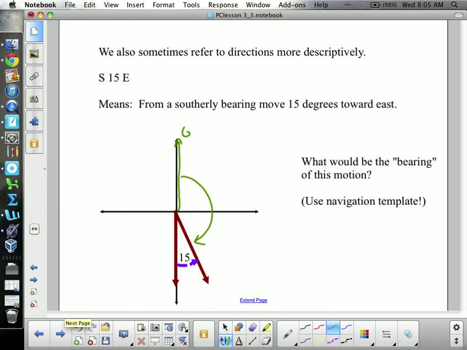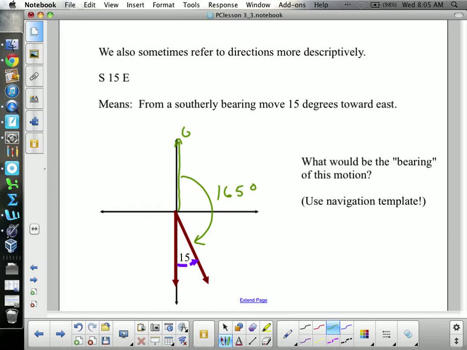If it's 15 degrees right here, that'd be 165. So the compass bearing for that, south 15 degrees east, is 165 degrees. So if it's a bearing 165 or south 15 east, either way we're getting the same motion, the same direction.